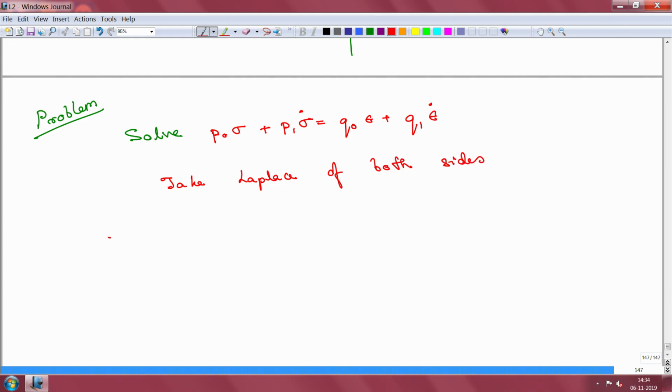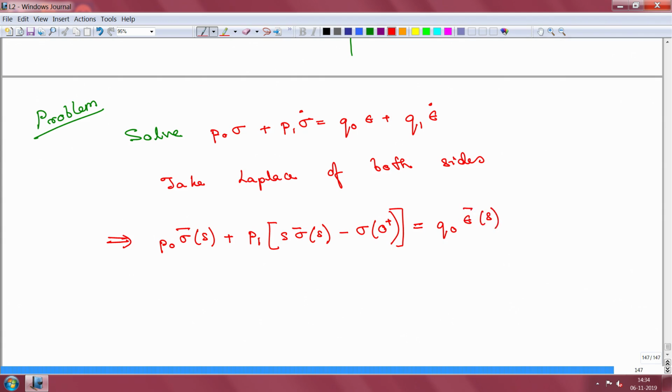And if you do that, you will end up with P0 sigma bar s plus P1, please note that this is now a derivative, so you are going to apply that particular form that we had just seen, equal to Q naught epsilon bar s plus Q1 s times epsilon bar s minus epsilon 0 plus.